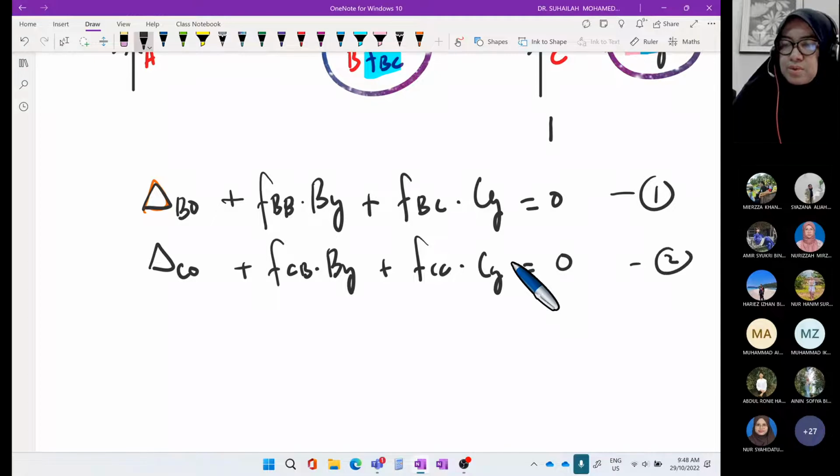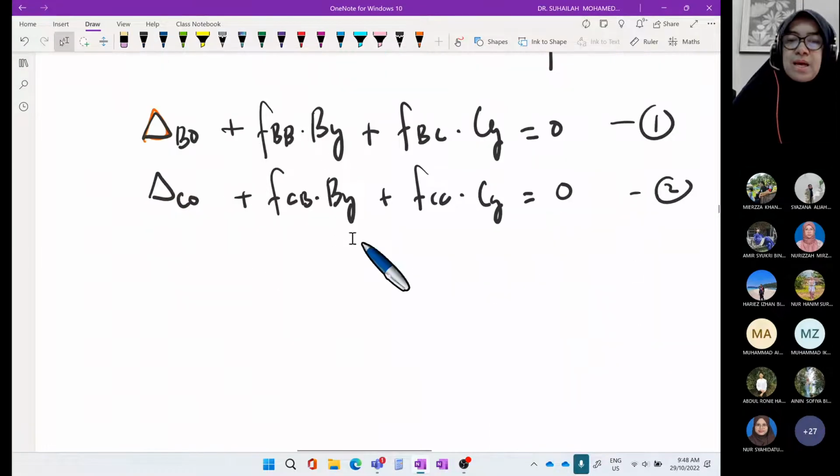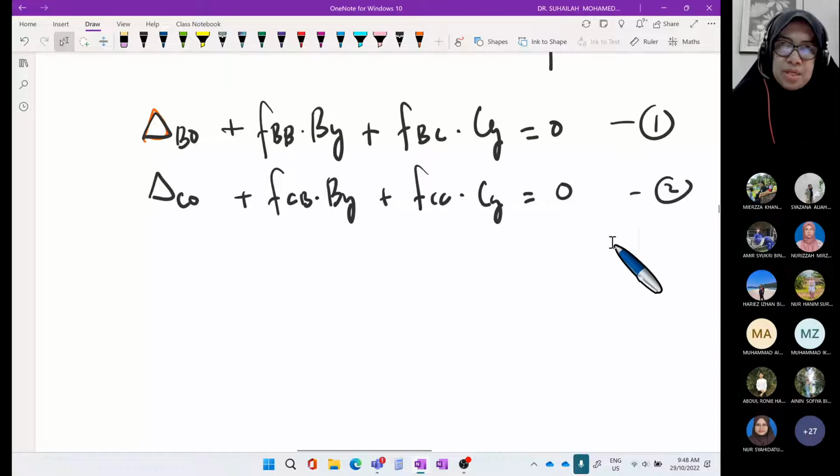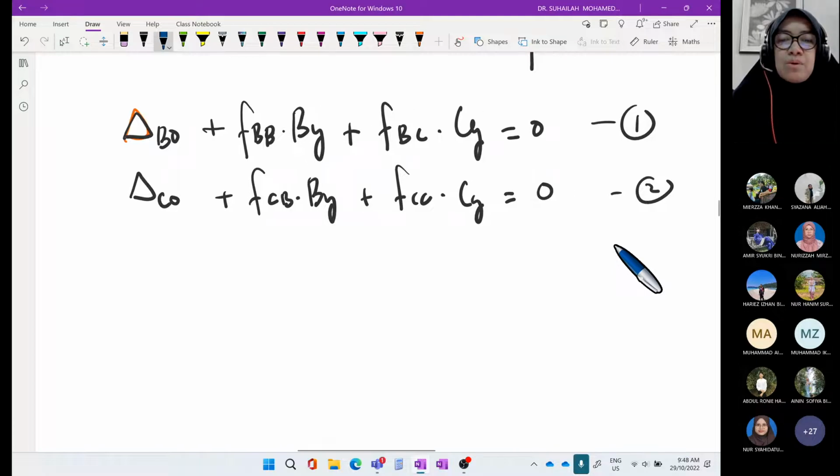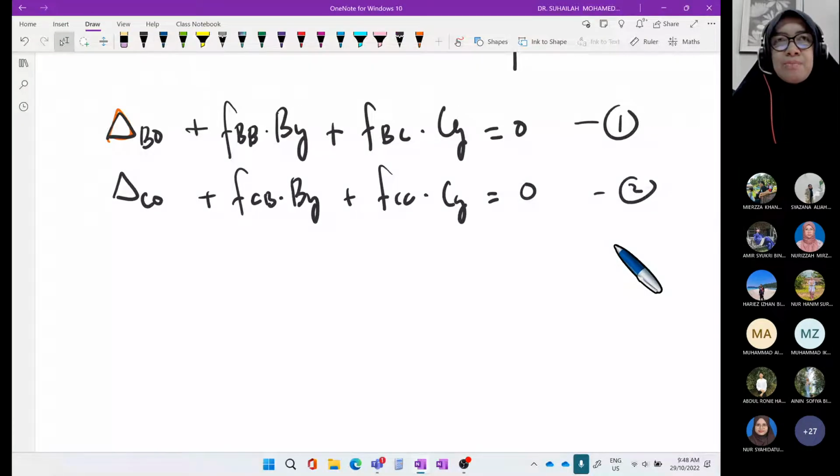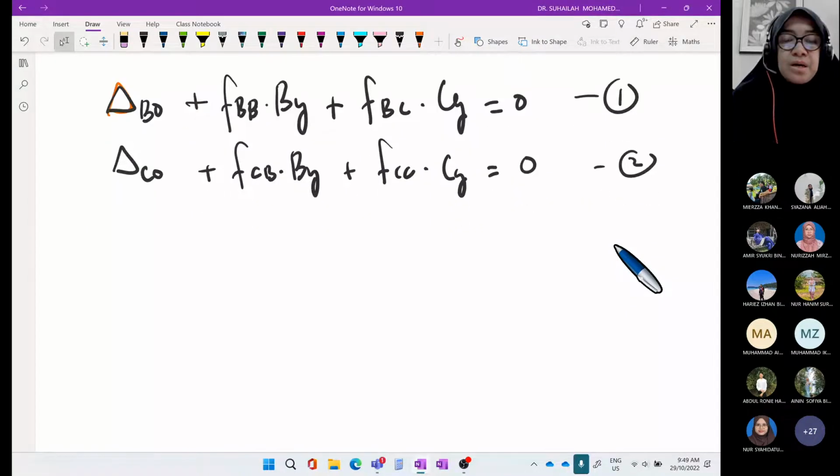This is equation number 2. These two equations are actually two simultaneous equations which we can transform into matrix form. That form will be the standard form of the compatibility equation for two redundants.